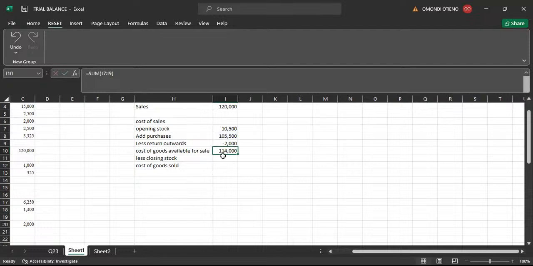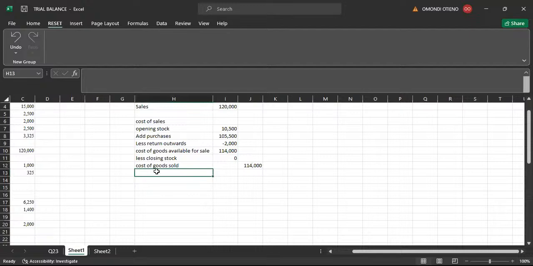Then I less closing stock, which is X. So cost of goods sold will be equivalent to cost of goods available for sale less closing stock. Let's say I have 0 there for now to get just a value. That is the cost of goods sold.